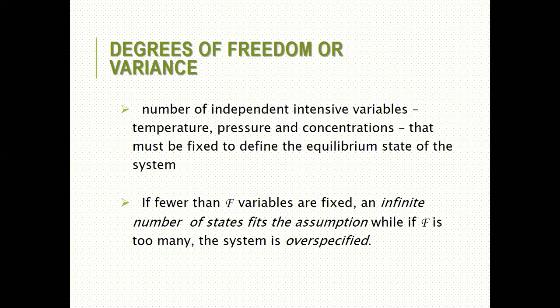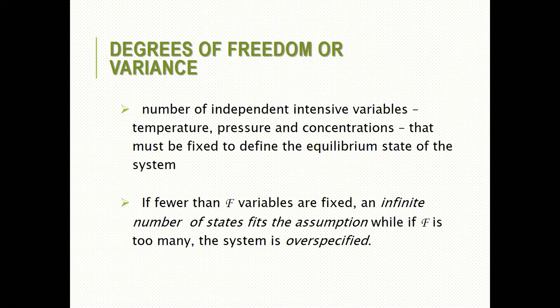Otherwise, if the number that we got from the equation is not the same number of intensive variables given in the problem, then the problem is said to not have a specific solution, because the system will not reach an equilibrium state.